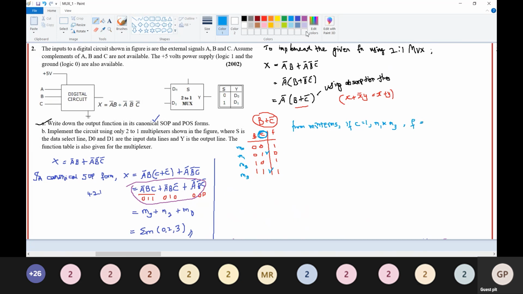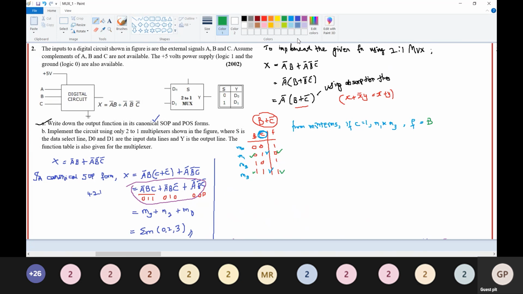See here, F is 0 here, and here this is 1, here also 1. That is nothing but F is equal to B.